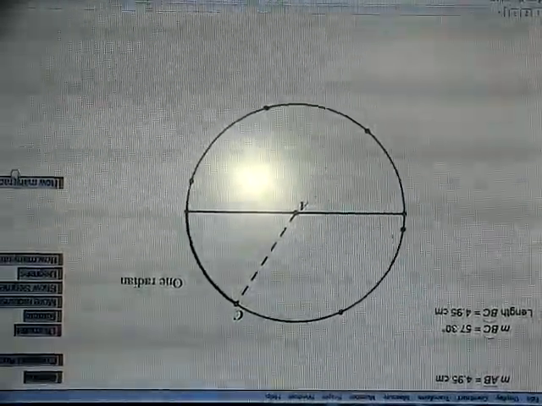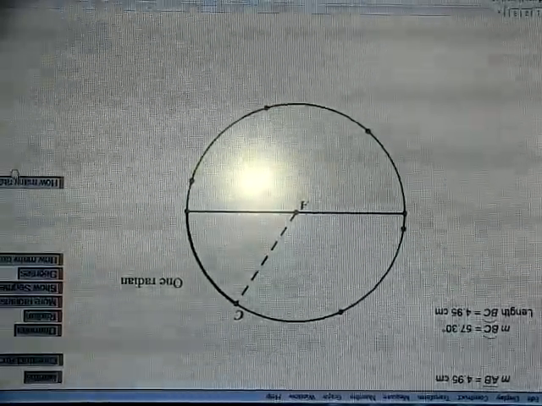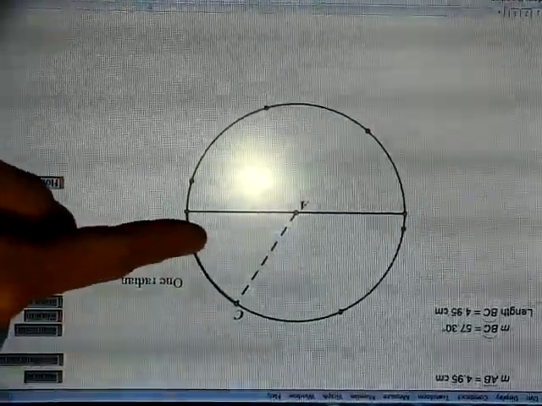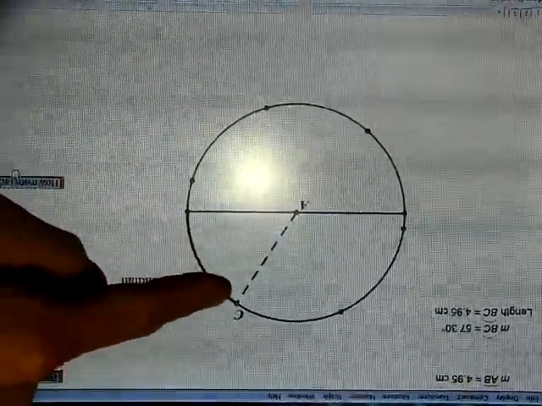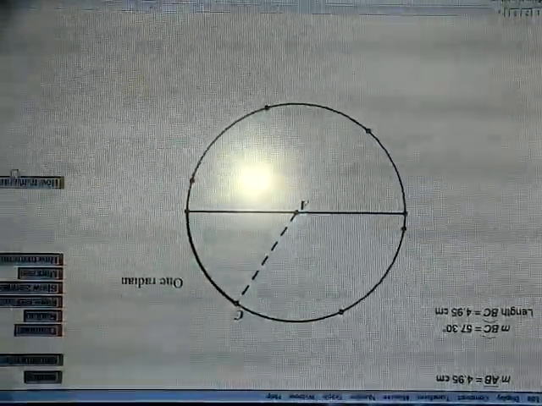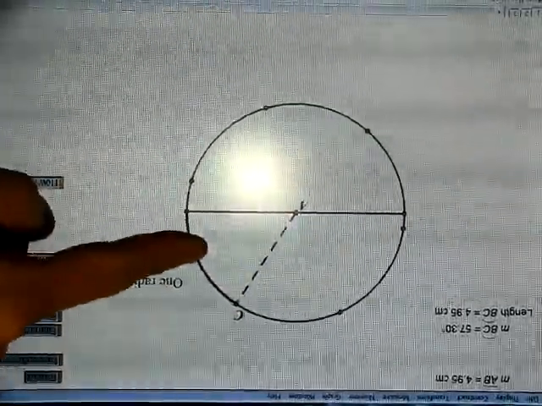So we can measure many other spots along a circle. When we learn about the unit circle in the future, we're going to talk about several other locations at 30s, 45s, 60s, and all the multiples to go around the full 360. What are all the radians? Some of those radians are going to be less than 1.